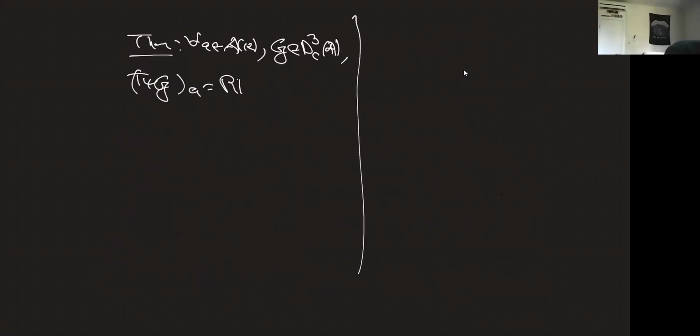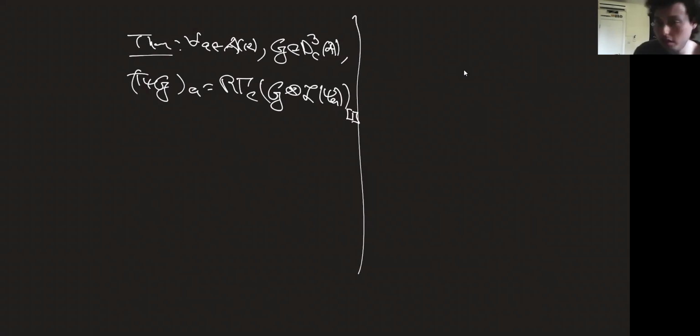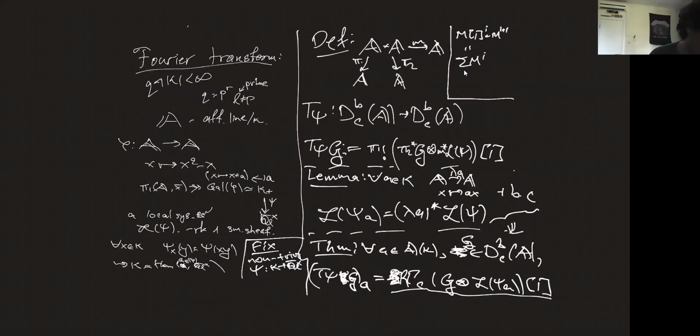So this is the derived compactly supported sections of G tensored with L psi a and shifted by 1. This just comes from applying the proper base change formula to the definition of the Fourier transform that I gave, and applying this easy computation, which I summarized in this lemma.